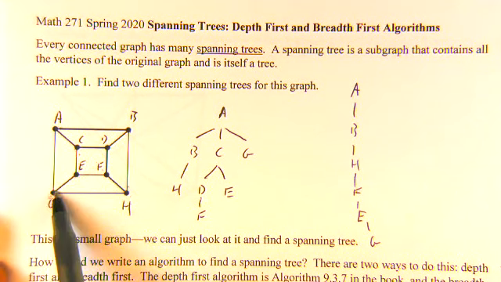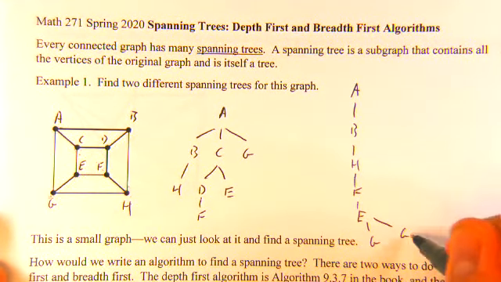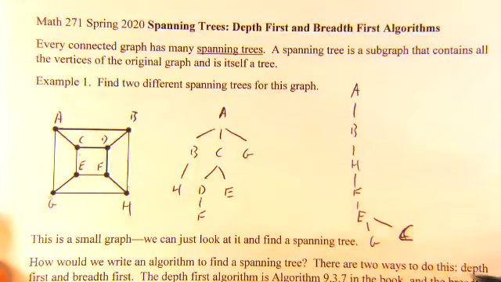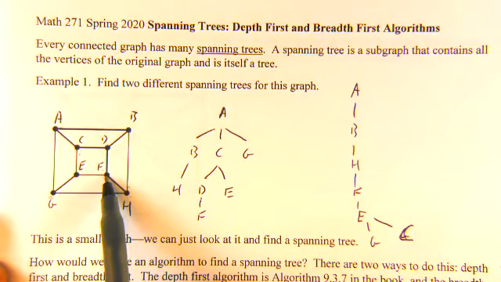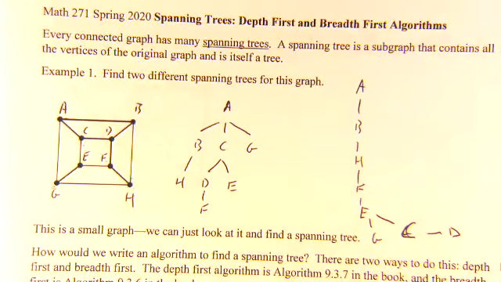But if I'm at E, I can pick up C as well. C, 1, 2, 3, 4, 5, 6, 7. What's the one that I'm missing? A, B, H, F, E, G, and from F. Oh, and from C we can go over to D, and that gives me the whole list. So a couple different spanning trees.